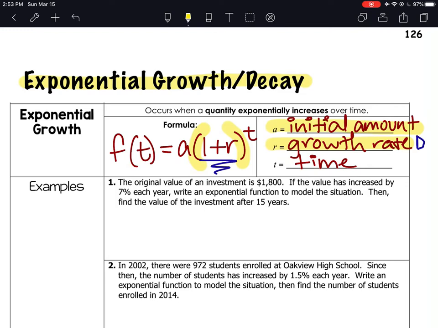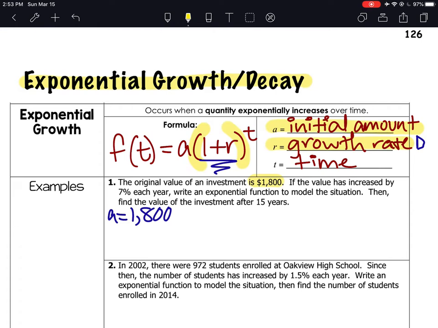So let's look at the first example. The original value of an investment is $1,800. That means that your A is $1,800.